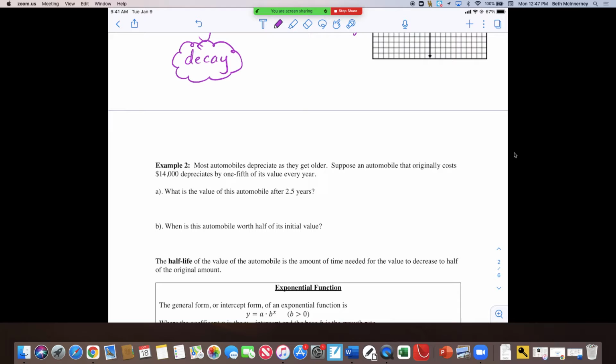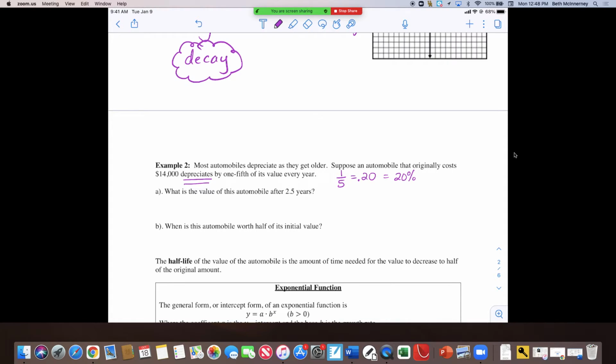Most automobiles depreciate as they get older. Suppose an automobile that originally cost $14,000 depreciates by 1/5 of its value every year. So if you depreciate by 1/5, that's 0.2, which is 20%.